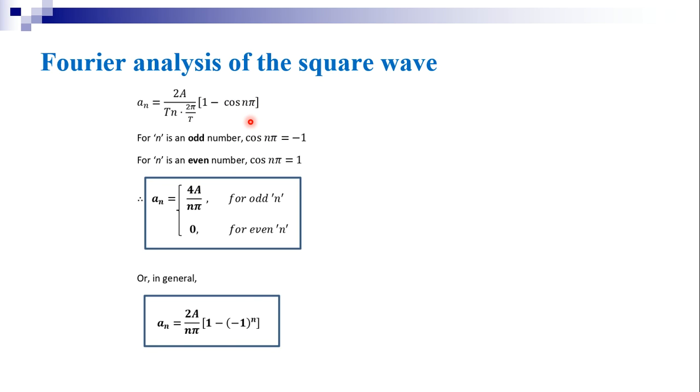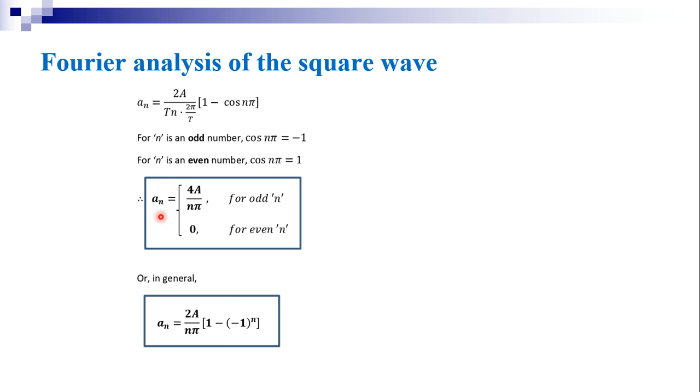If n is an odd number, cos n pi will be minus 1, because for cos pi, cos 3 pi, cos 5 pi, etc., we have the value of minus 1. And for n an even number, for cos 2 pi, 4 pi, 6 pi, etc., the value will be 1.